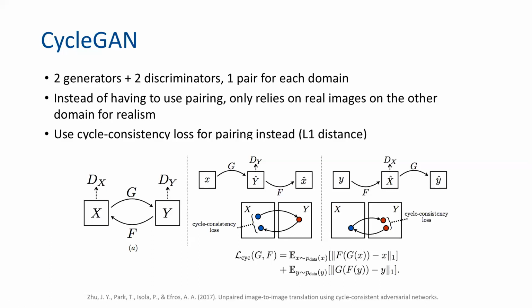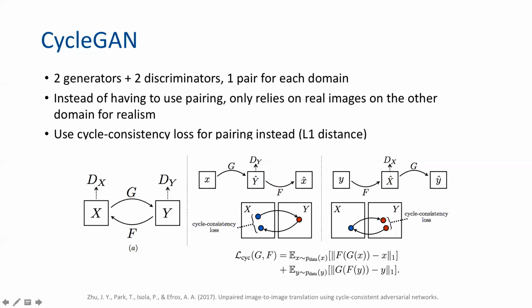Now we get a point back in our original space, and we only have to compare in the X space to get a loss. And we want that to be small. You want it to be able to transform one way and then back again and get a similar image. Even though we can't supervise it over here and say it should be this particular image in that domain, it doesn't matter because we're going to bring it back anyway. But we do want to minimize this loss here.